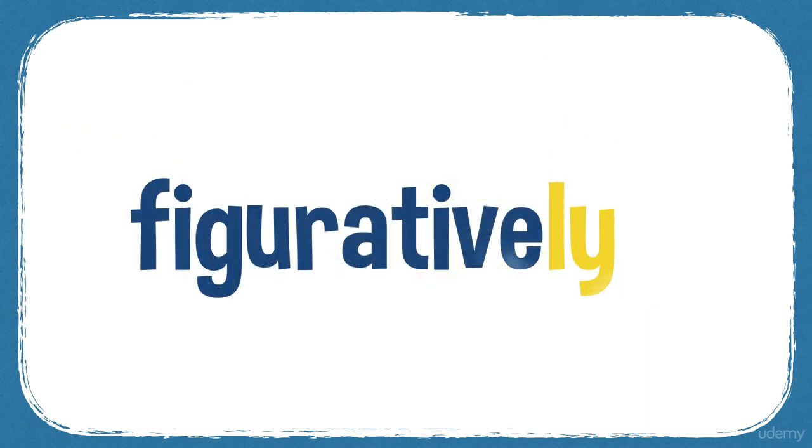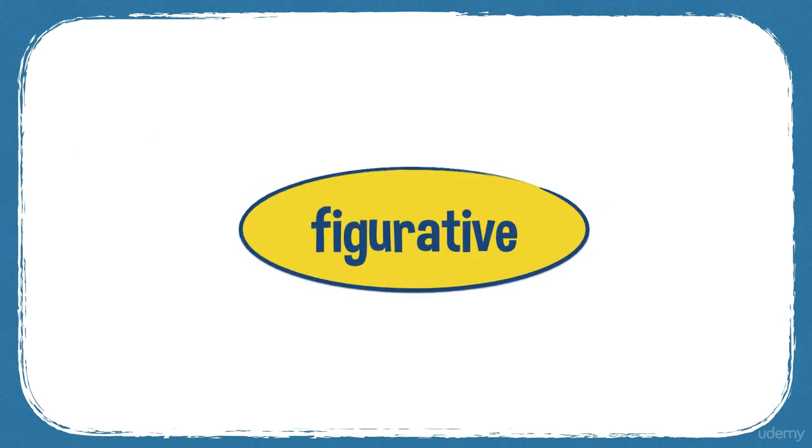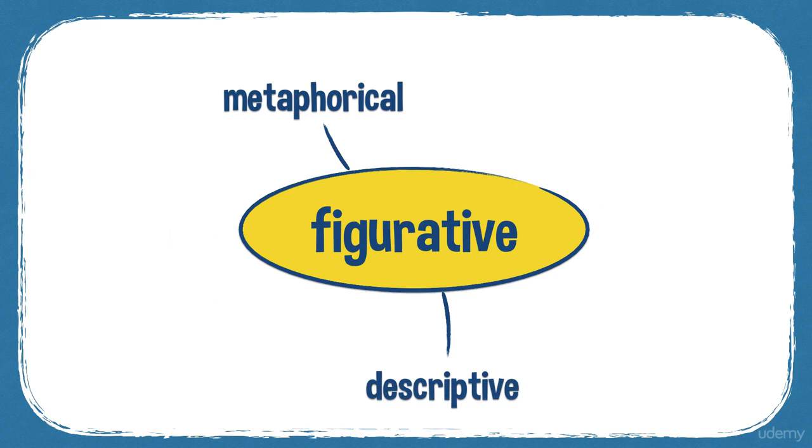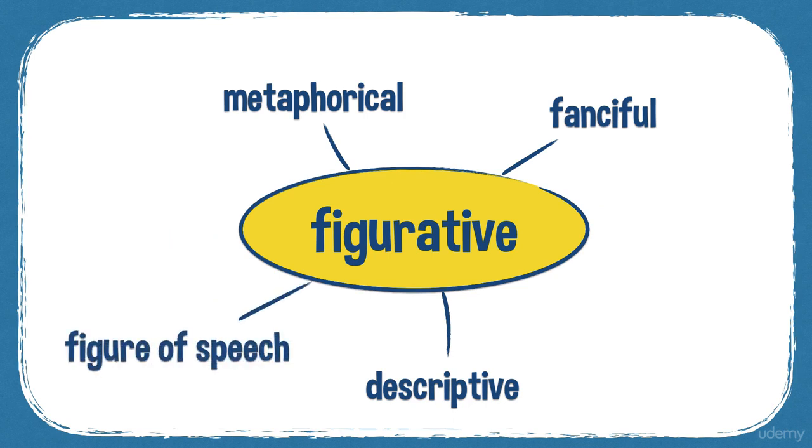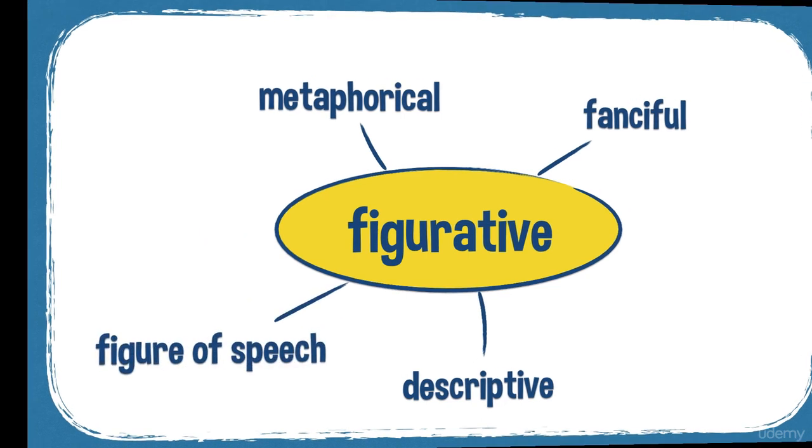Figurative is an adjective, so you can turn it into an adverb, figuratively. I was speaking figuratively, not literally. So figurative synonyms: metaphorical, descriptive, fanciful. Slightly old-fashioned word, that. Figure of speech as well we use.